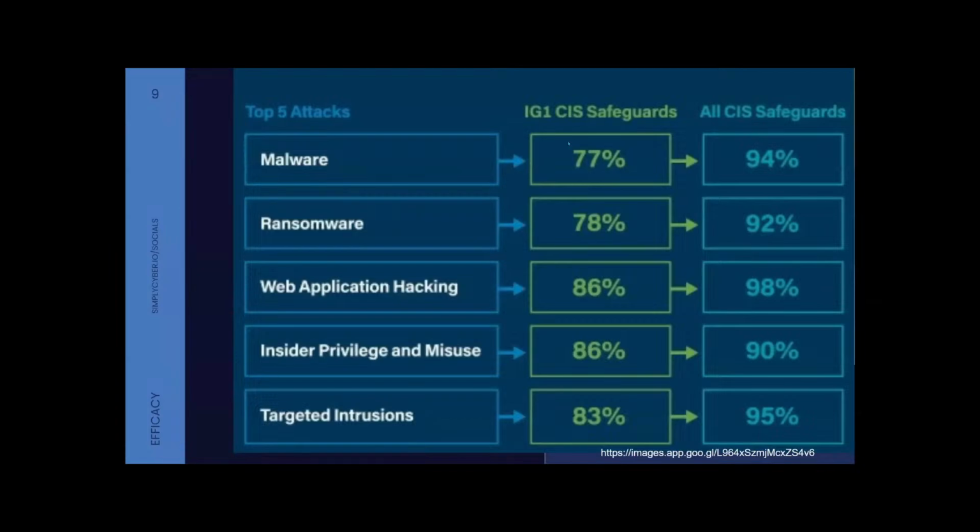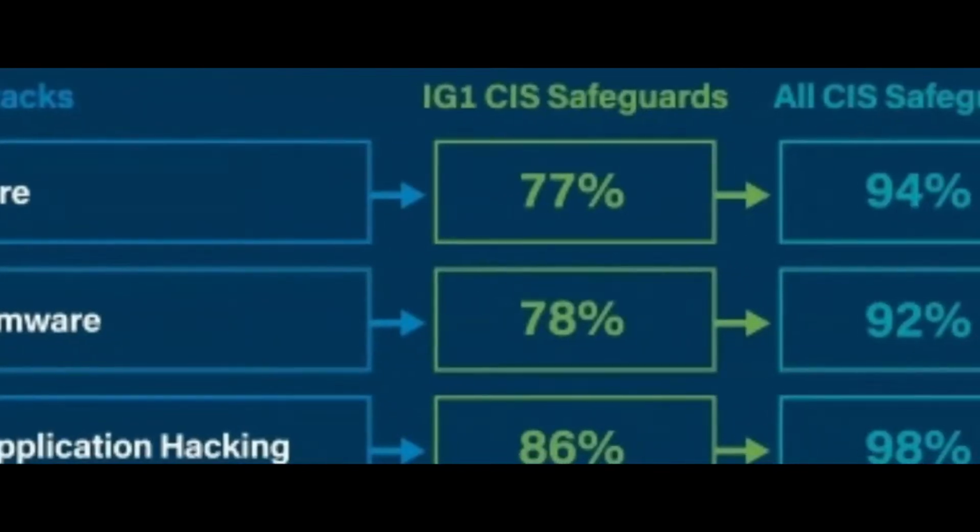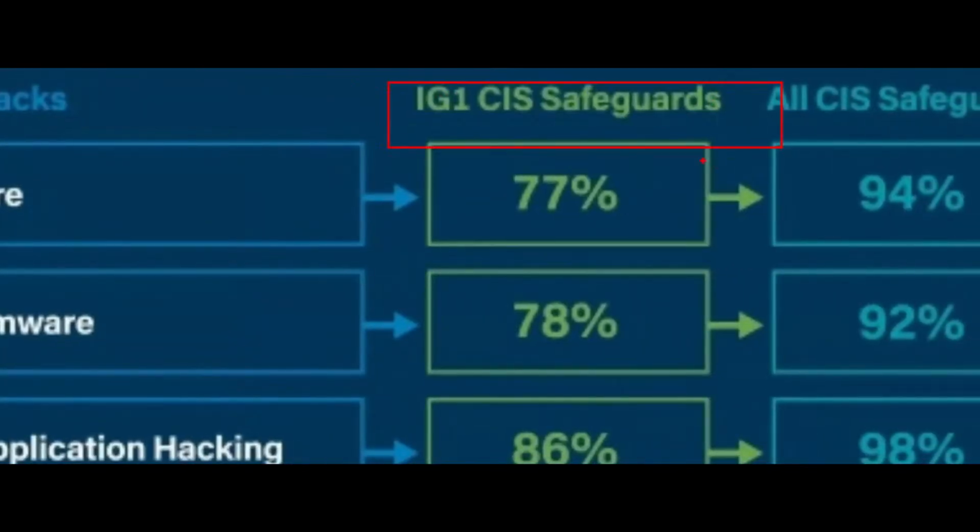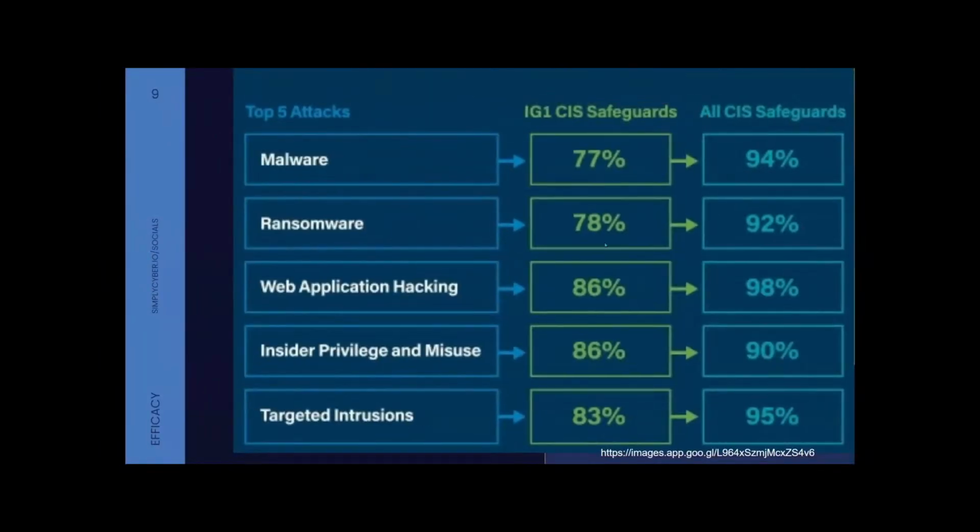And then targeted intrusions. You could see with just IG1, you get this green column of how much it's controlling, right? So with malware, if you implement just the IG1 level controls, you get like 77% coverage of risk, risk reduction, basically.